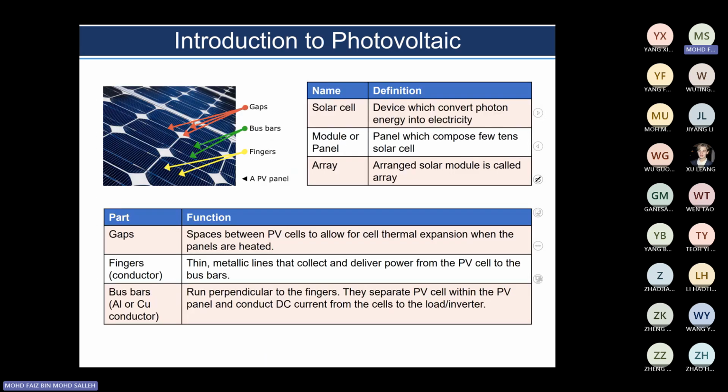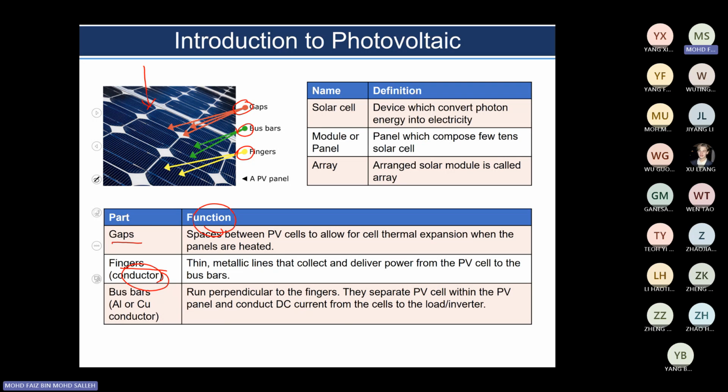This one, you can just read. This is what you usually see on a solar panel. You can see over there, we have gaps, the red color here, then the bars, and then the fingers. This we call the PV panel. The gaps have this function. The fingers are conductors, and that is their function.